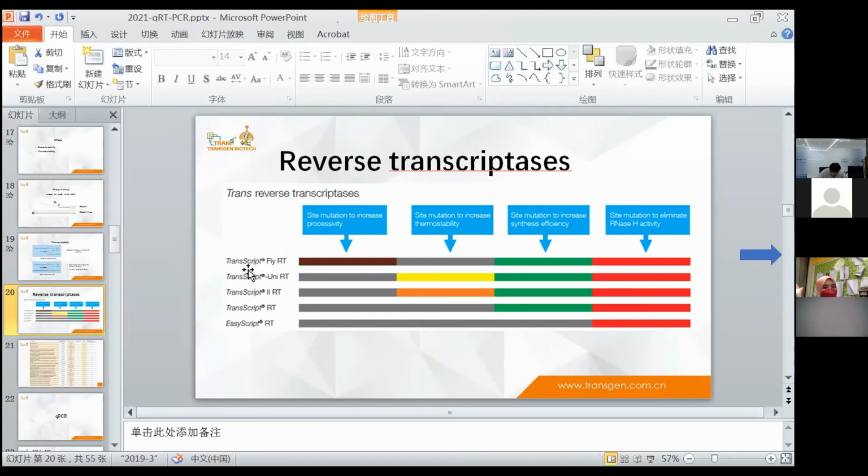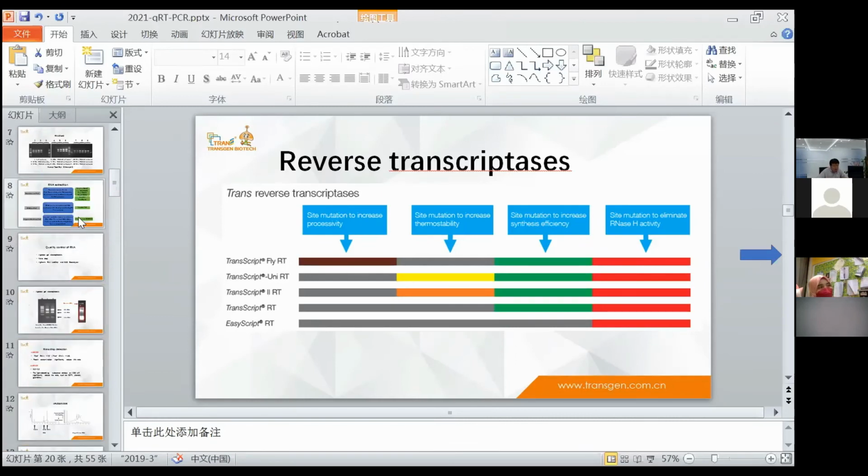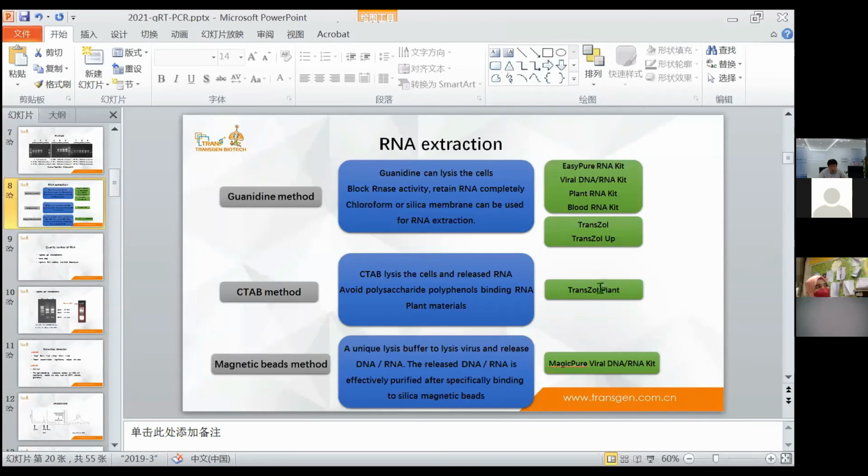Okay, the reagents can extract both RNA and DNA from the same sample. Are those RNAs good enough quality for qPCR? Yes, it is good enough for qPCR. For example, our products here, transplant and translate. These three reagents can extract the DNA and RNA at the same time.